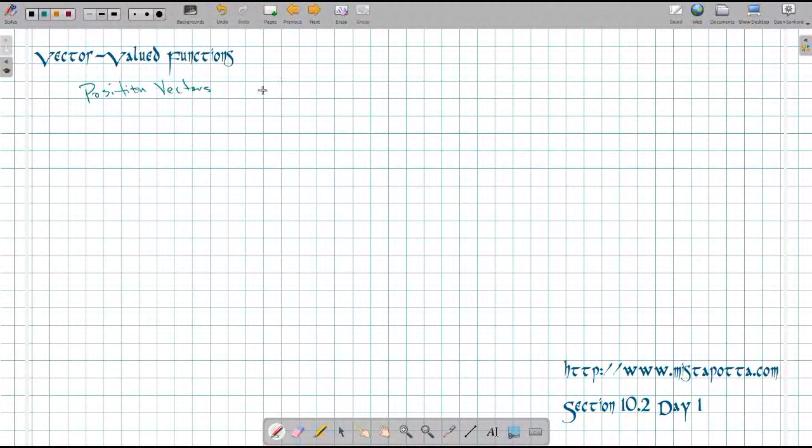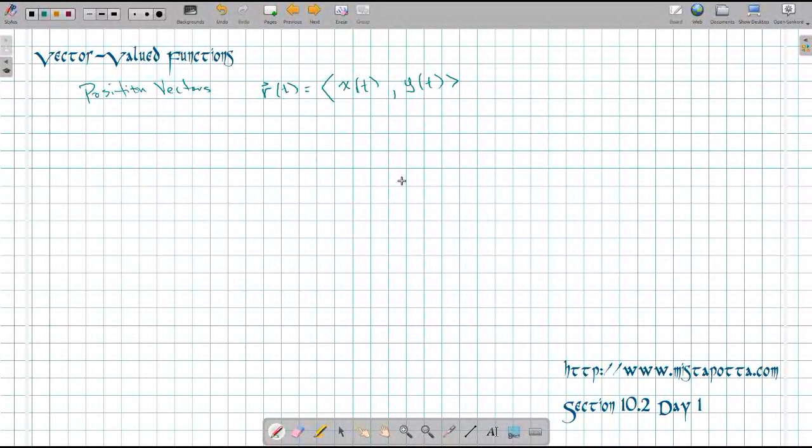I'm going to have some function r of t, where the horizontal component is some horizontal function of t, and the vertical aspect is some vertical function of t.